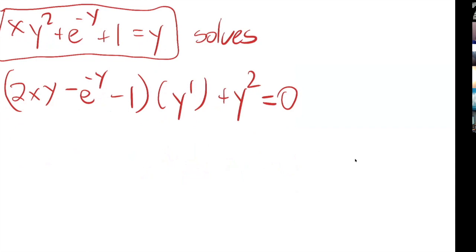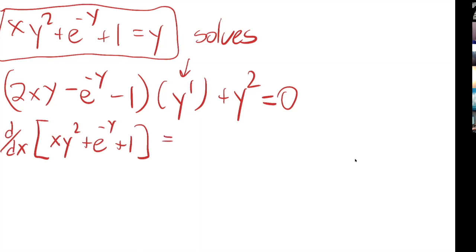And so I know what to plug in for y, and the question is, I would need to know what to plug in for y prime. Since I can't take this equation up top and solve it for y, the only way I'm going to be able to find a derivative for this would be to find an implicit derivative. So we're going to take the derivative of both sides with respect to x.